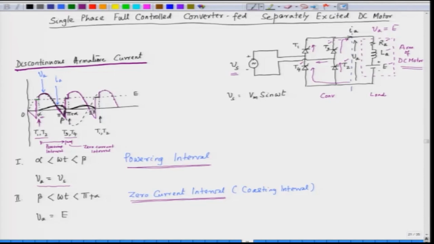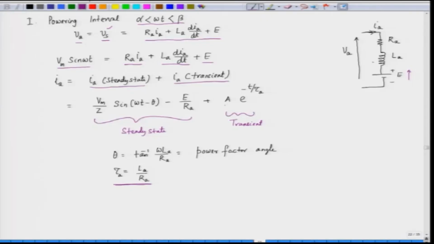But when we trigger the SCRs, the current has to start from 0 to satisfy the boundary condition, that is the transient component. So, we have to calculate what this constant A is. Now, in this equation, at omega t equal to alpha, the current IA has to be equal to 0. Let us call this equation number 1. We substitute this in equation number 1.